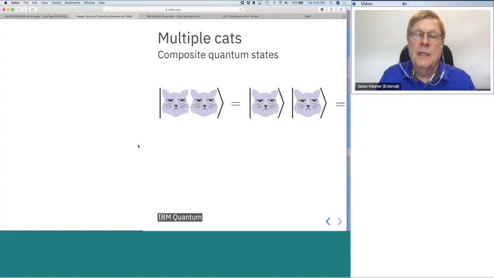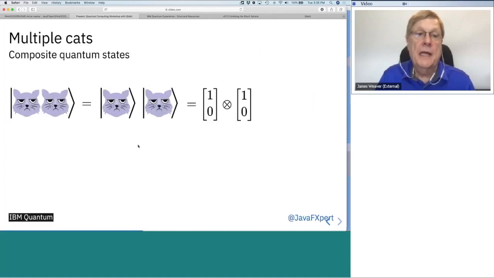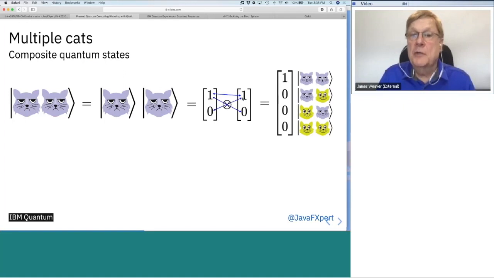And of course, we're not limited to one cat. I might have 2 cats. So if I have 2 cats, then I can represent them by a vector of 2 cats. It's a product state, in which I would just have 2 grumpy cats, and I would take what's called the tensor product or Kronecker product of the 2, which is simply cross multiplying, and you end up with 4 basis states.